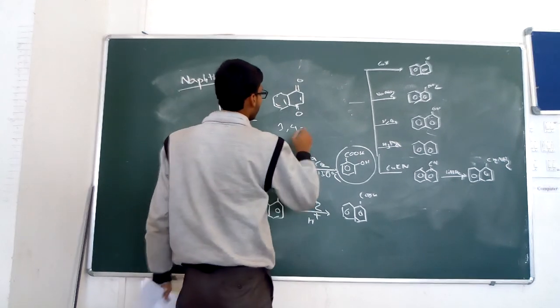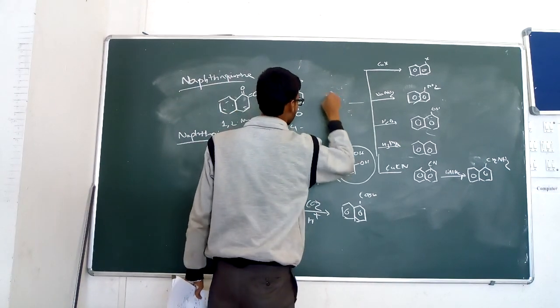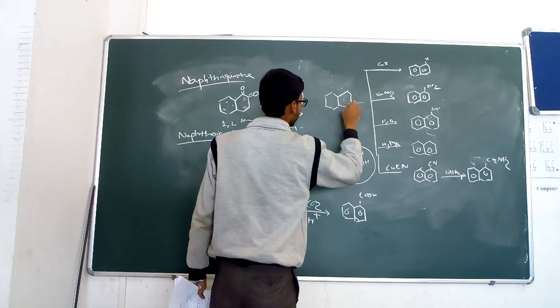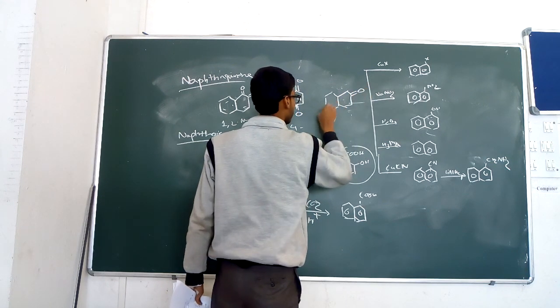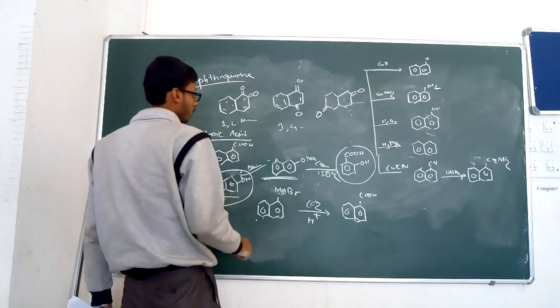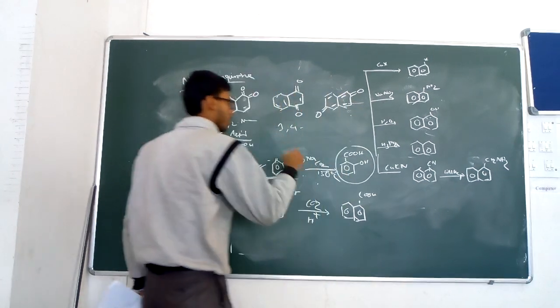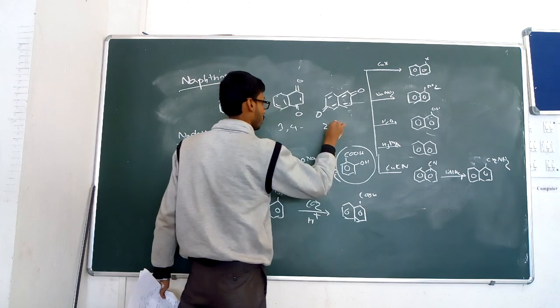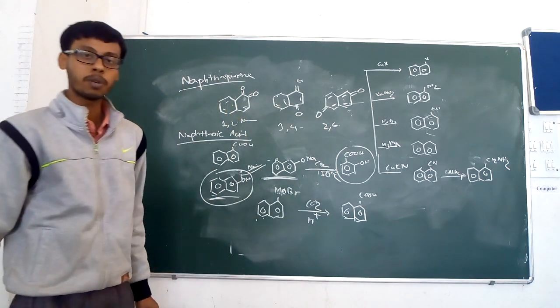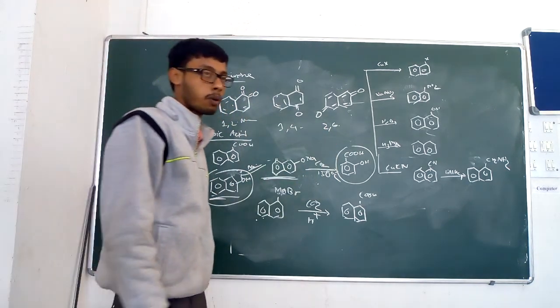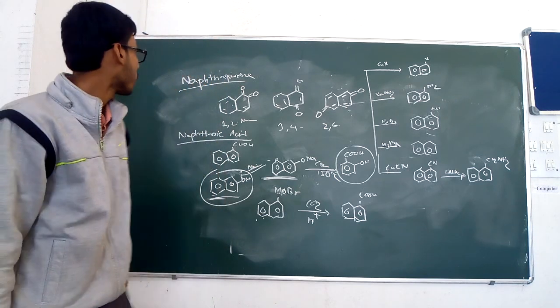Another form is the 2,6-naphthaquinone, where they are present at opposite positions. There are three forms of naphthaquinone. That's all about the naphthalene and its derivatives.